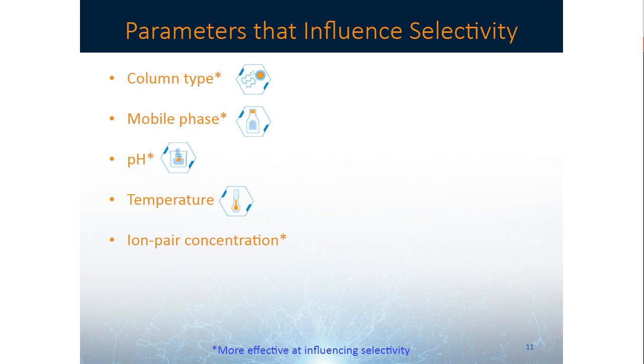Ion pair concentration. The percent B organic solvent or gradient slope. And then finally, buffer concentration. So you have all of these different parameters influencing selectivity, and I'm going to be really focusing in on the column type or stationary phase for this discussion.